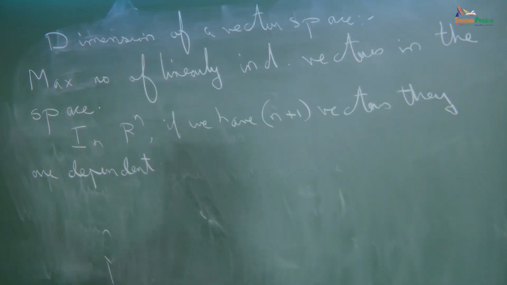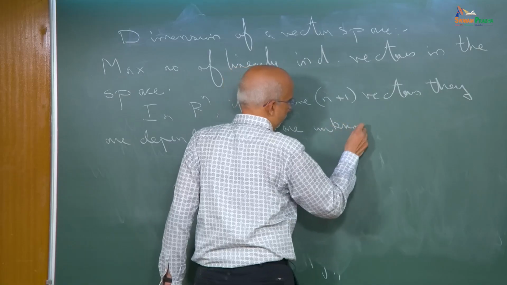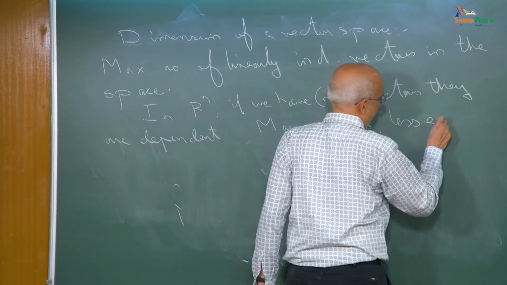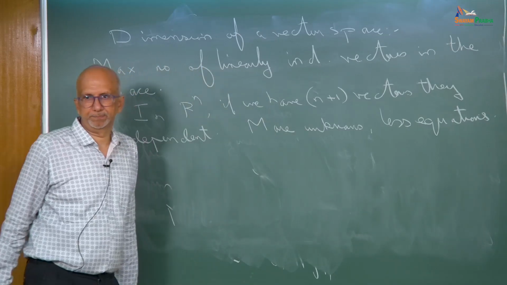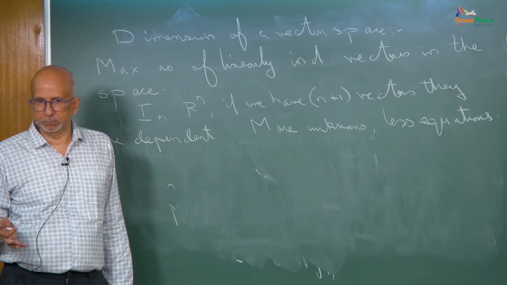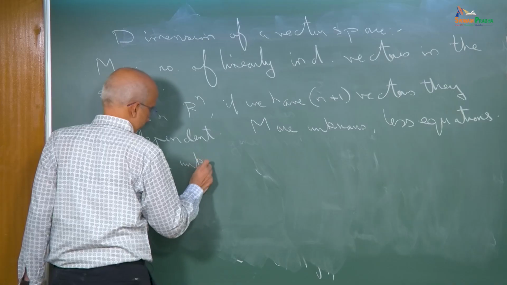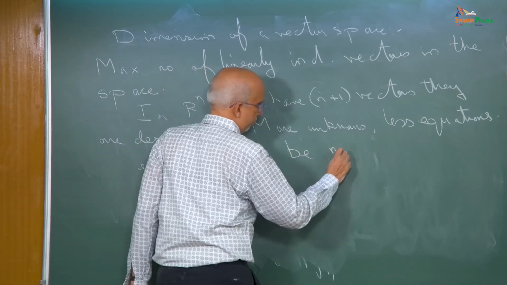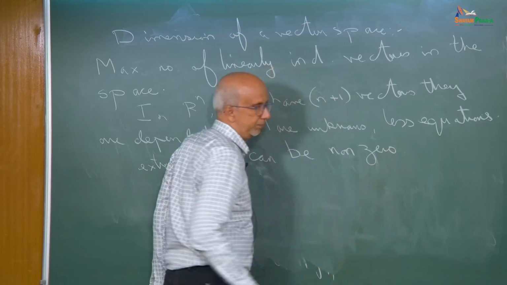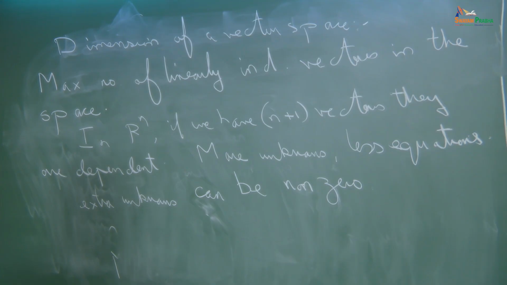Because you have more unknowns, fewer equations, so you can always put the extra unknowns non-zero. I mean, you are free to choose.